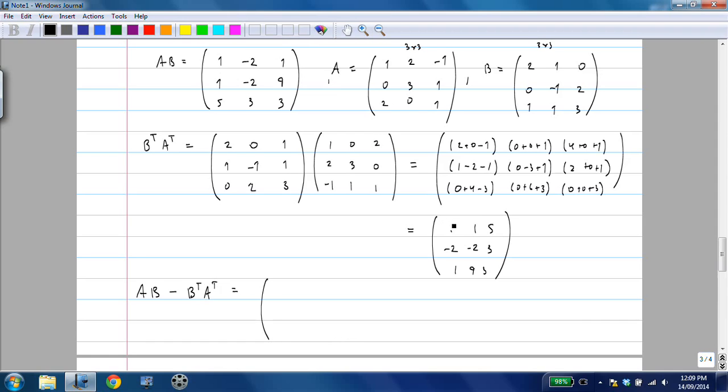So we get 1 minus 1, we get 0, negative 2 minus 1, we get minus 3, 1 minus 5, we get minus 4, 1 minus minus 2, we get 3, negative 2 minus 2, we get negative 4, 9 minus 3, we get 6, 5 minus 1, we get 4, 3 minus 9, we get negative 6, and 3 minus 3, we get 0. Okay. Wait a sec, this should be 0 here. We get minus minus. And that's it for this question.